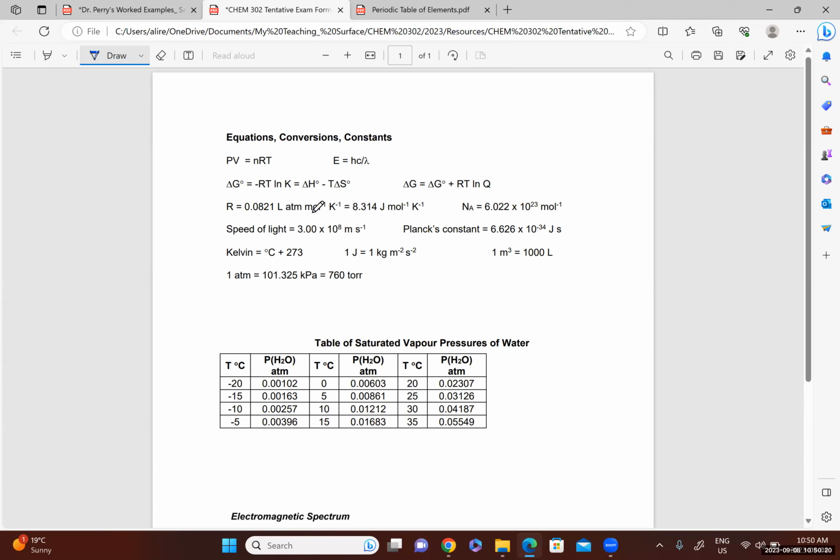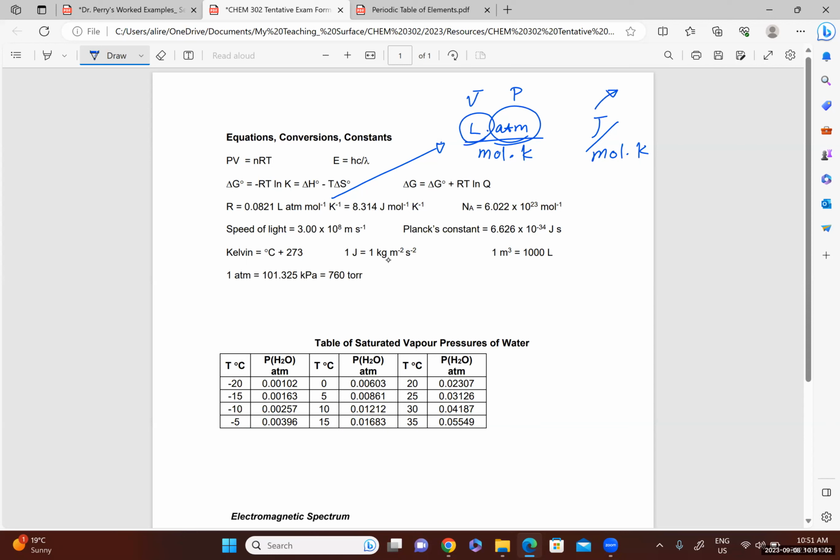One of them is in liter atmosphere per mole Kelvin, and the other one is joules per mole Kelvin. The good thing about both of these is that in terms of moles we only have moles, and in terms of temperature we have Kelvin, so we don't need to worry about those. The only parts that are changing in terms of units are volume and pressure.